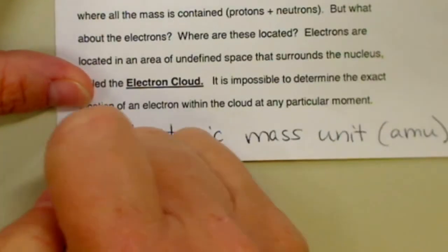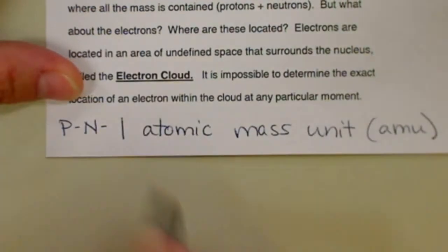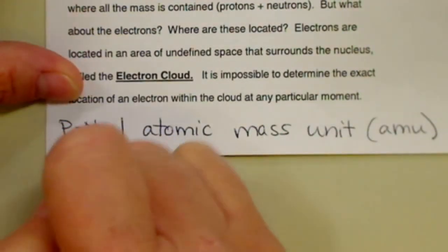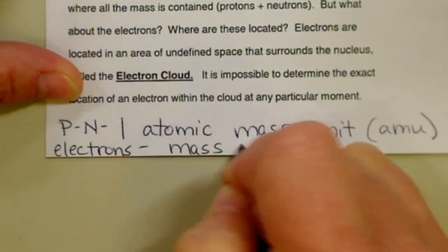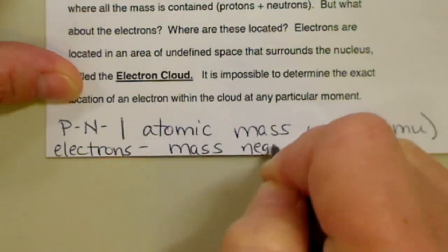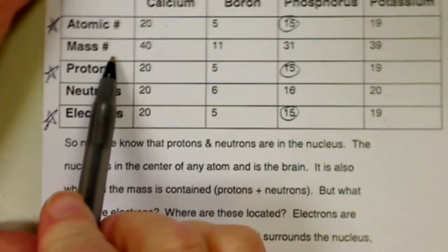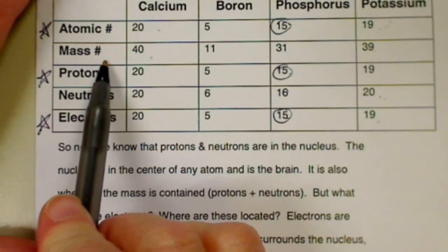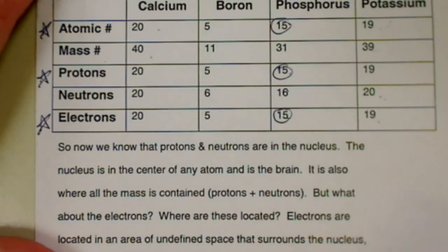So protons and neutrons weigh 1 AMU. Electrons, their mass is negligible, which means it's so little we don't even count it. So when we get to talking about the mass of atoms, we're talking about how many protons and neutrons they have. So keep that in mind for the future assignment.